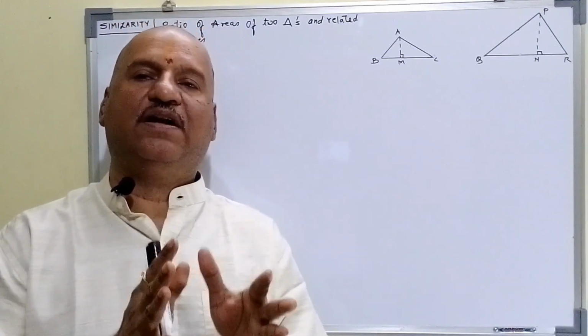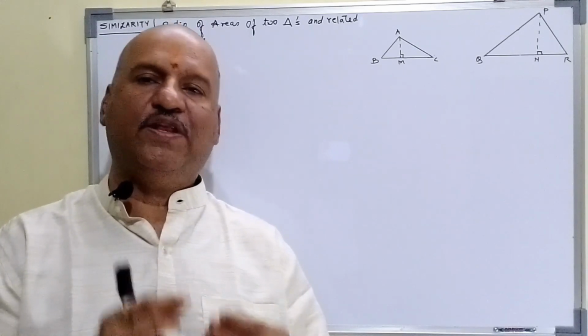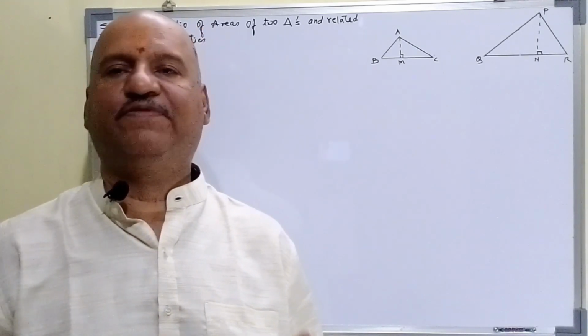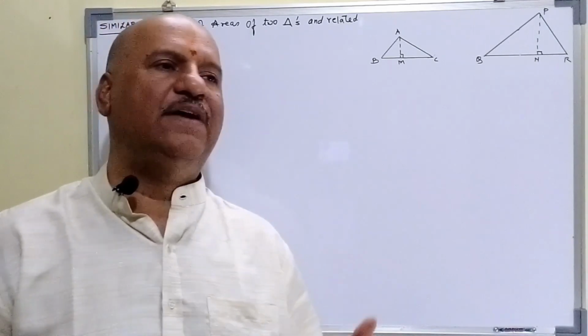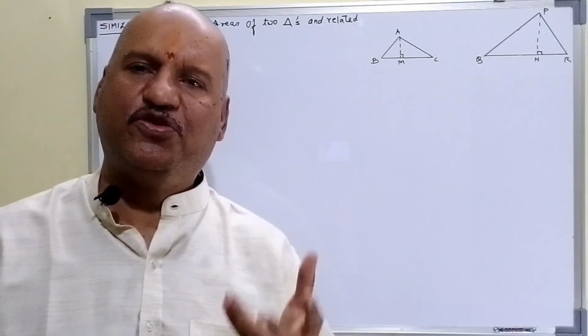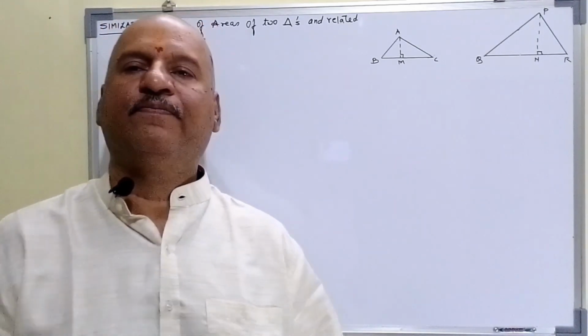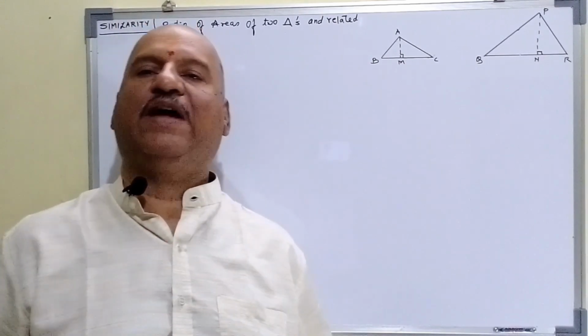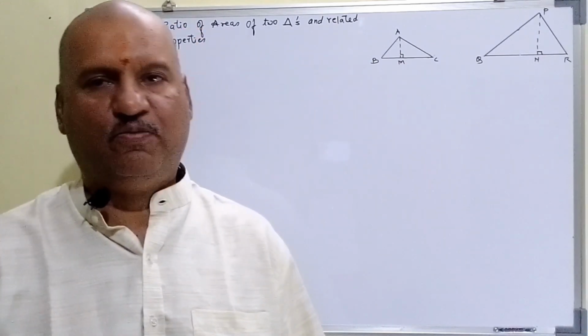First of all, we have to start this chapter with the concept of properties of a triangle. Now, you will ask me which property of a triangle we are going to study. We are going to study the ratio of areas of two triangles and their related properties.